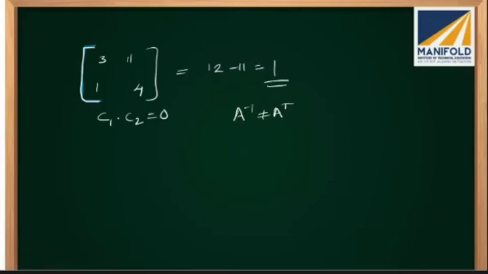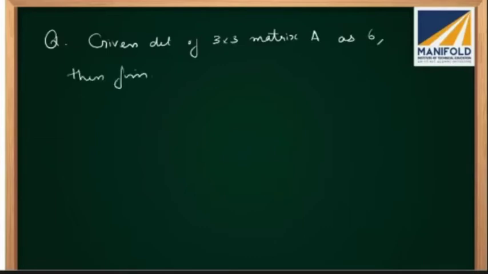So we have learned what an adjoint matrix is now. I'll give a question for you to think about. Given that the determinant of a 3 by 3 matrix A is 6, find the determinant of the adjoint of A. We know the adjoint of A is a new matrix.